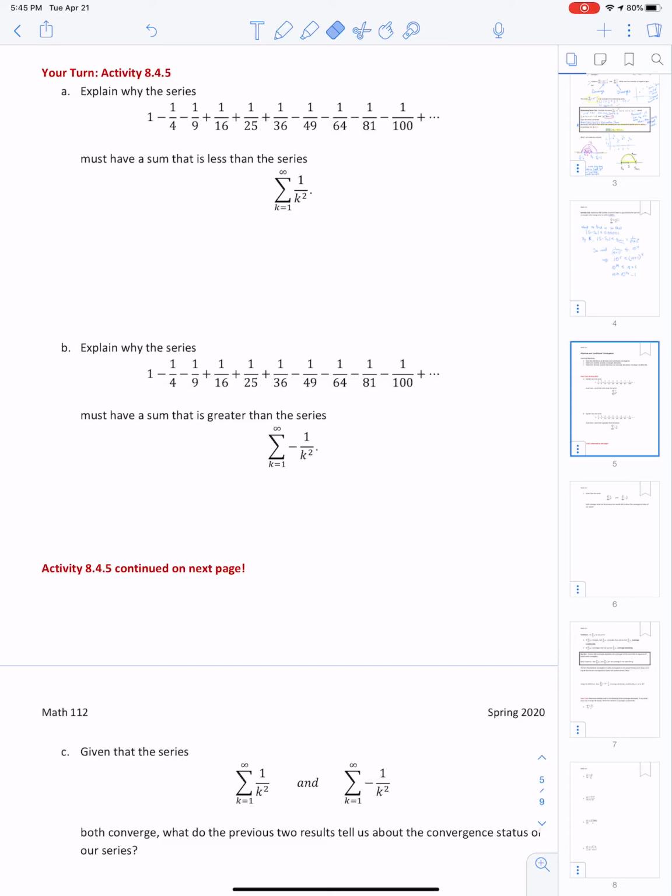This series has terms that are, in absolute value, 1 over k squared, but there are minus signs interspersed in no definite pattern.